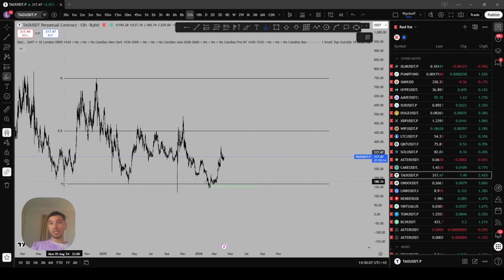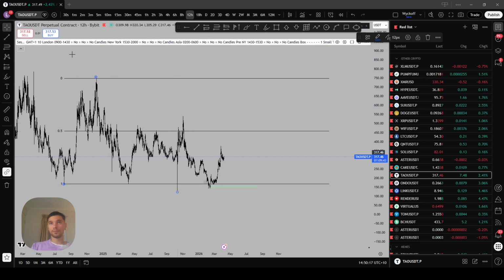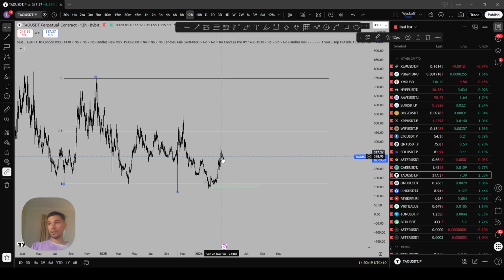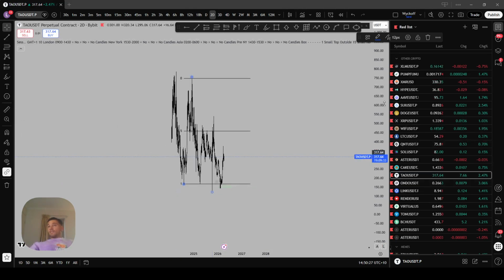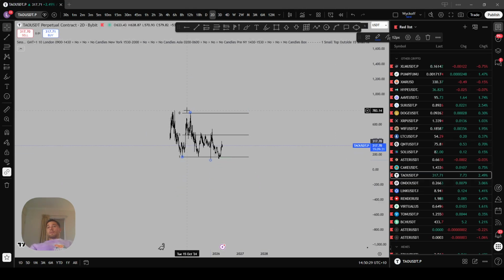From a spot buy perspective, Tau could be very good, because I can definitely see Tau coming back up to at least this range high.